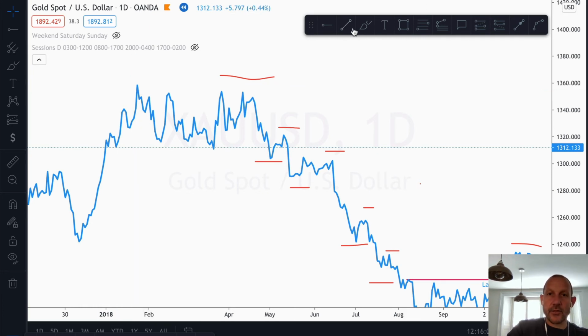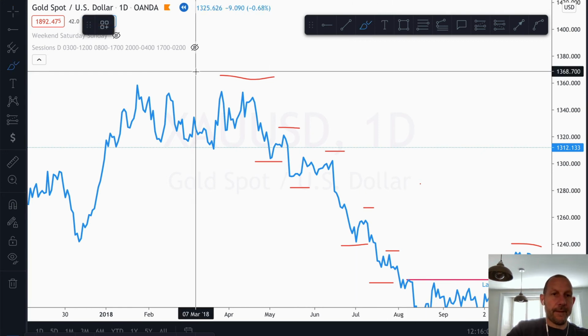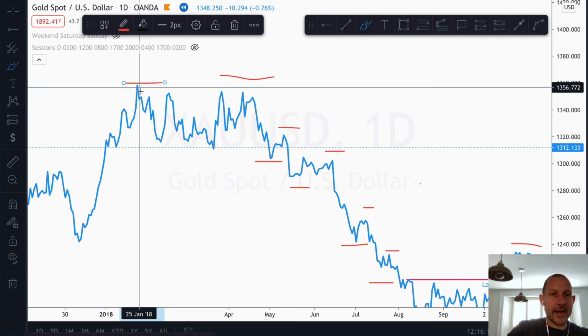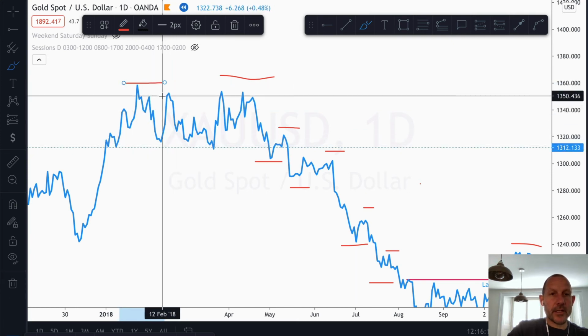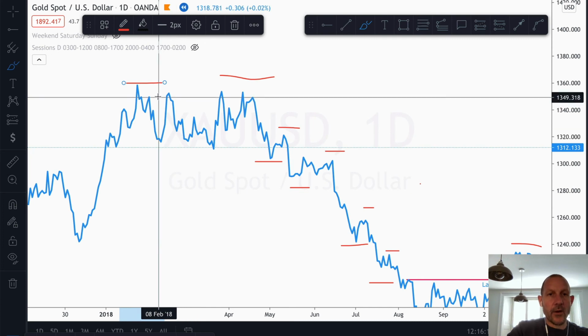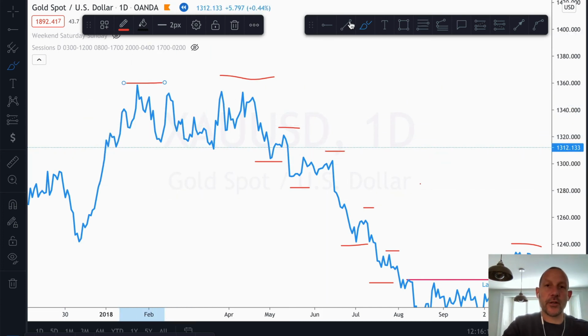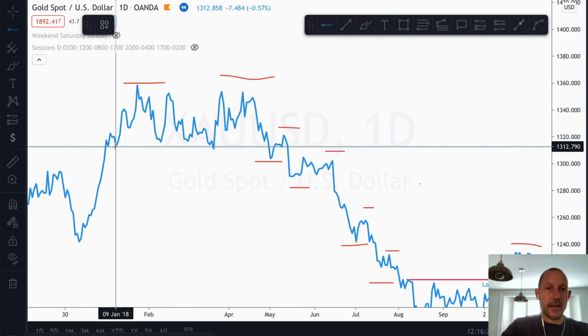Okay, so let's just quickly, just to give you a little bit more information, this is our last swing point here. And now you can see we're going lower low, lower high, lower low, lower high, and it's stepping down. So our last kind of structure point there, I would say, is probably there.